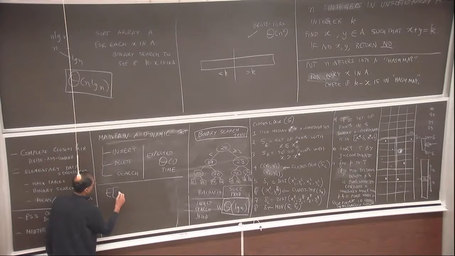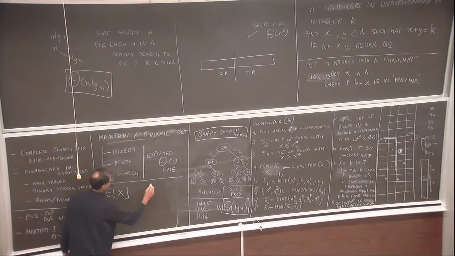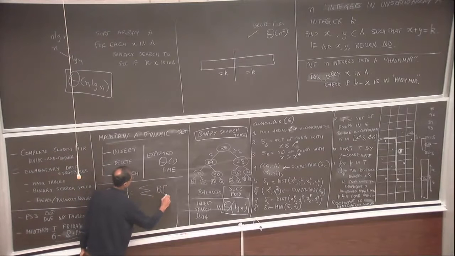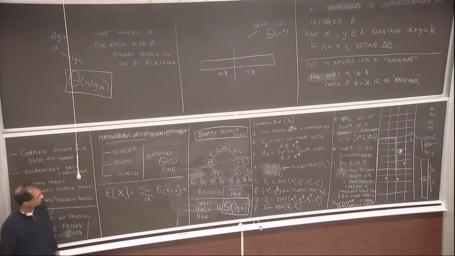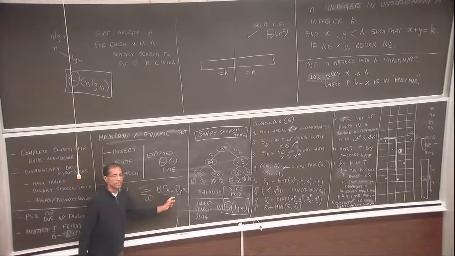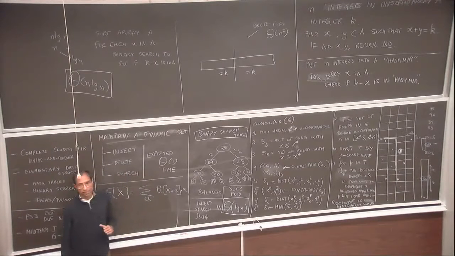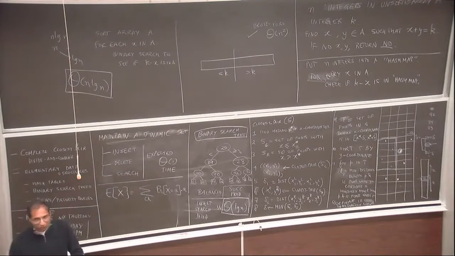To review, the expectation of a random variable is the sum, over all possible values a that the random variable can take, of a times the probability that x is a. So when I say expected Theta(1), it means on average it will take constant time. Sometimes it could take a longer time, but most of the time it will take constant time.